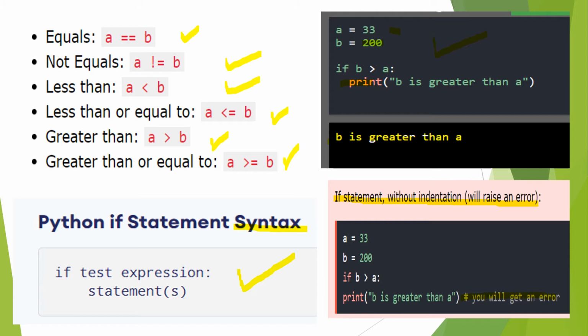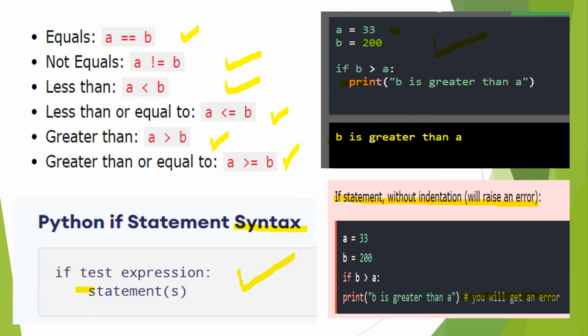If the test expression is false, the statement is not executed. In Python, the body of the if statement is indicated by the indentation. The body starts with an indentation and the first unindented line marks the end. And do not forget the indentation.